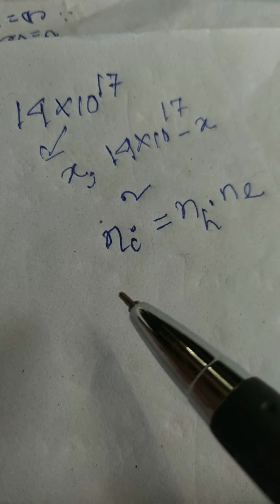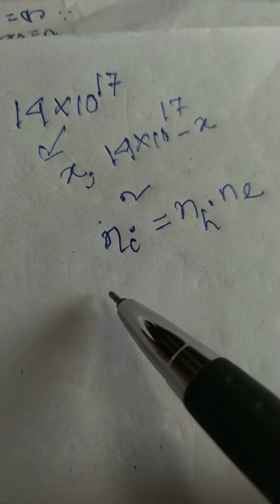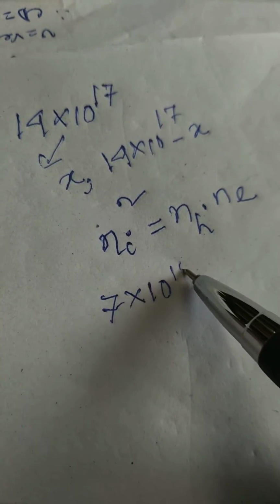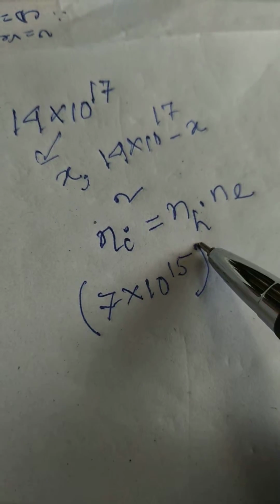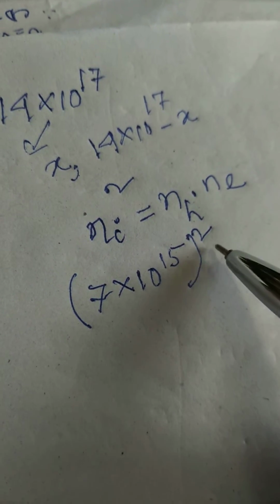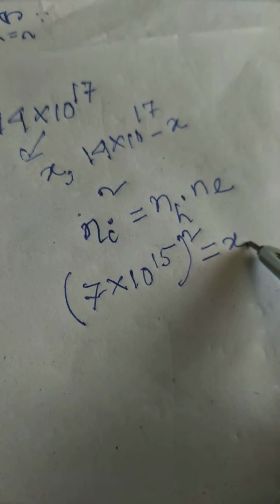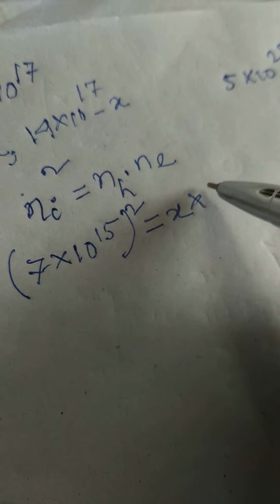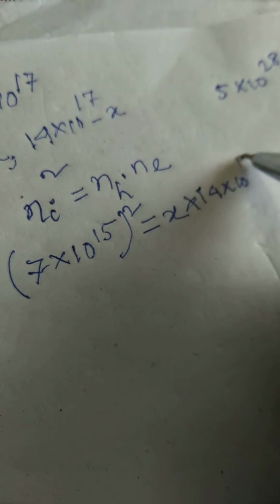Intrinsic meaning concentration before mixing anything, it was 7 into 10 to the power 15. Intrinsic means pure, virgin. Nothing is mixed, nothing is added. So it is now x into 14 into 10 to the power 17 minus x.